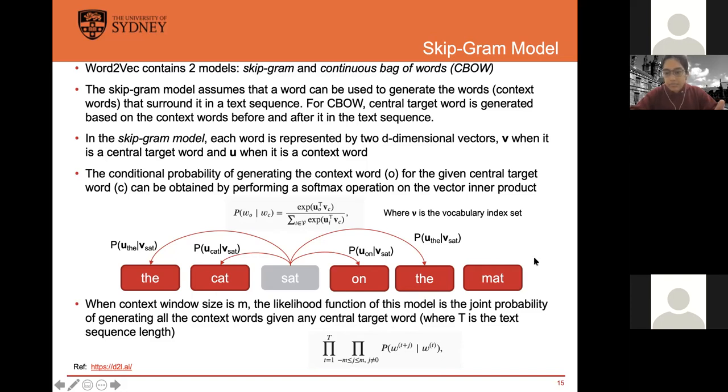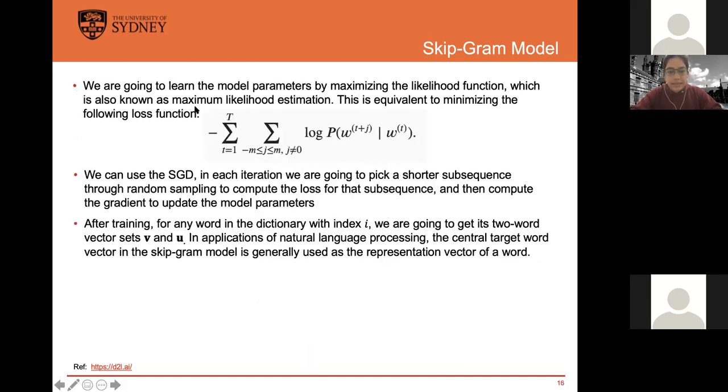And we're going to learn the parameters by maximizing this likelihood function, which is also equivalent to minimizing this negative log likelihood function, right? So we can use stochastic gradient descent to do this optimization.